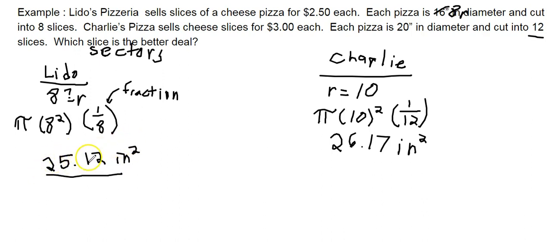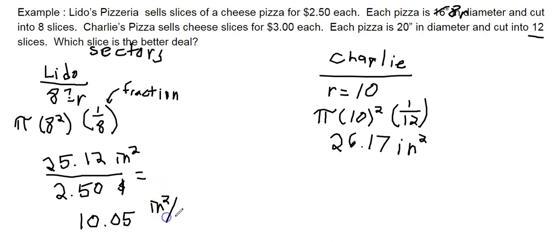So I'm getting 25.12 square inches per, this one's $2.50, and that's going to be dollars in the denominator there. When I do that division, I end up with 10.05 square inches per dollar.